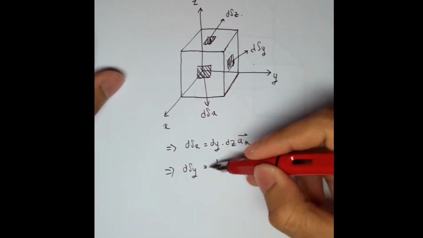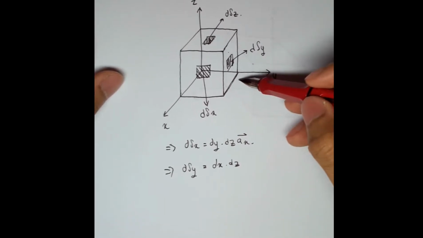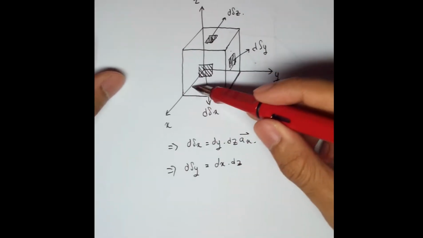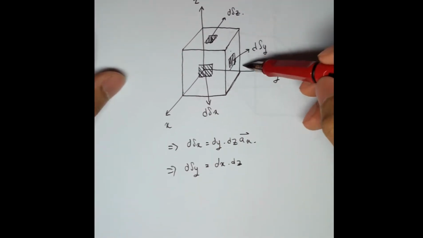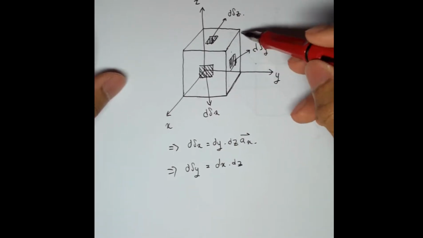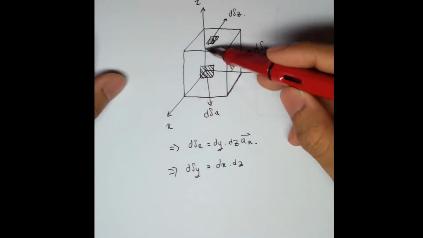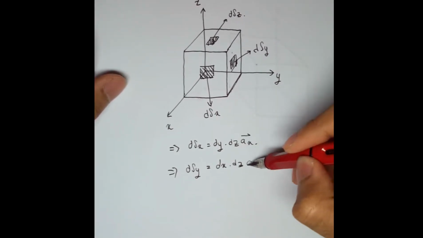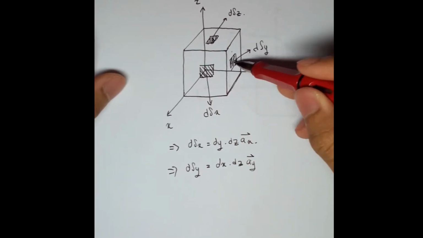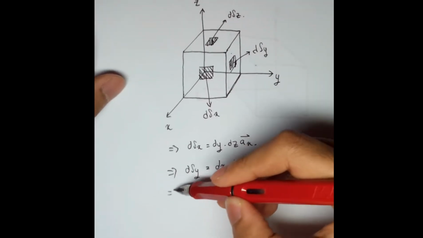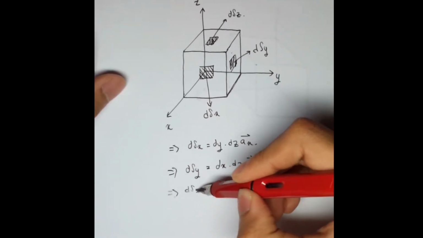Now this is the magnitude. You can see that this length is the differential length of x, parallel together here and here. We know that this is the differential length of z because it is parallel together here and here. And the unit vector will be ay because the surface is pointing towards the y-axis.